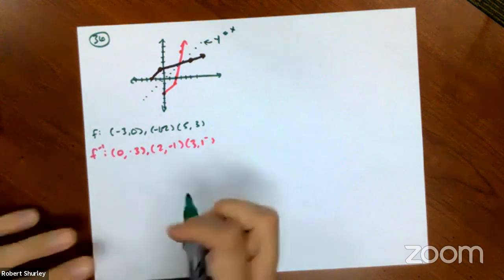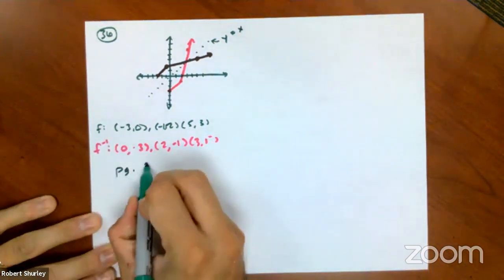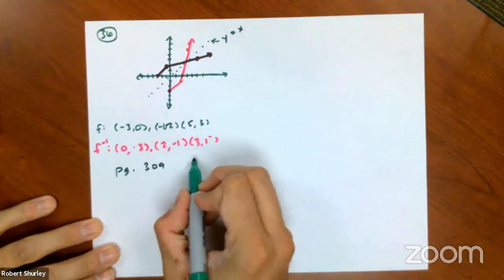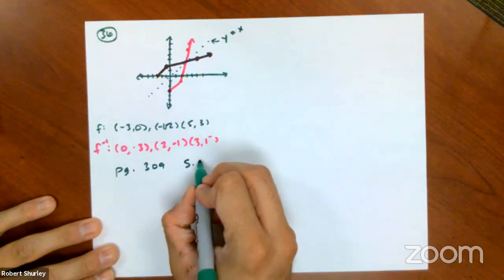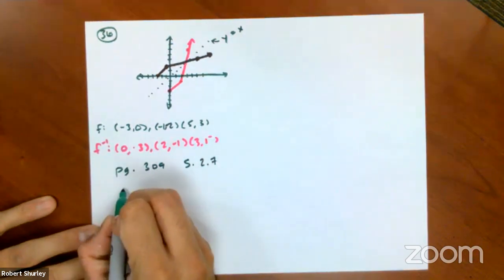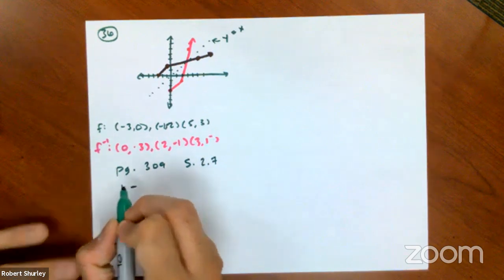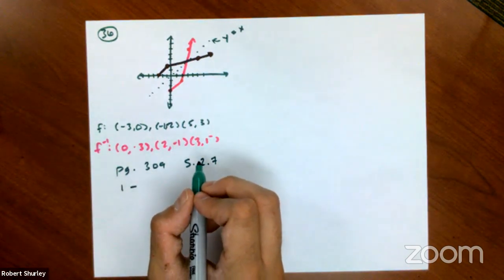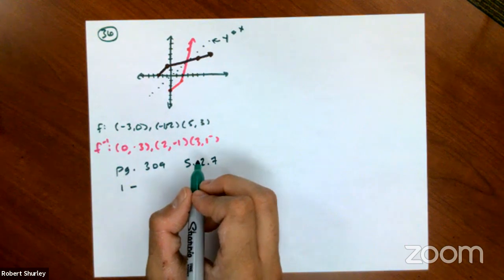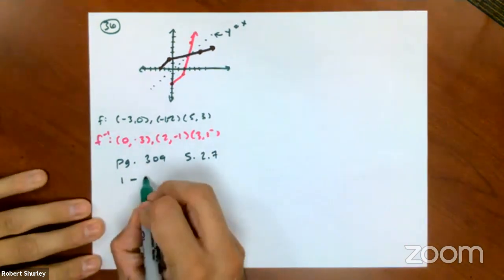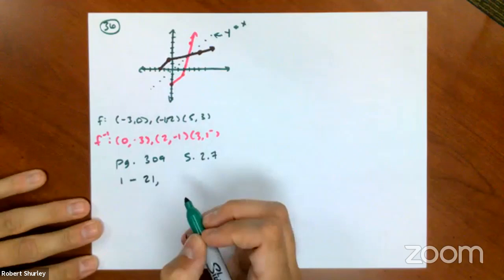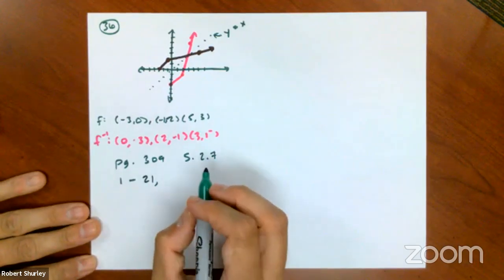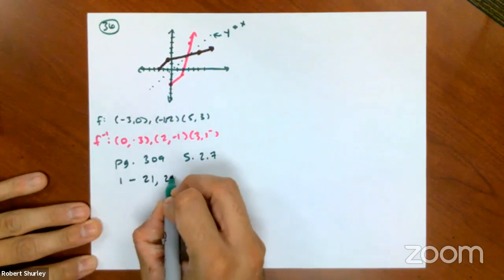So page 309, section 2.7, right? Numbers 1 through, let's say, 1 through 21. Then we're going to skip 21 and do 25.